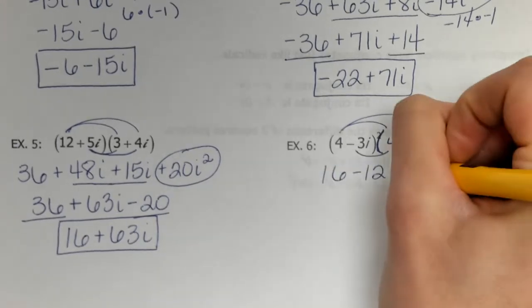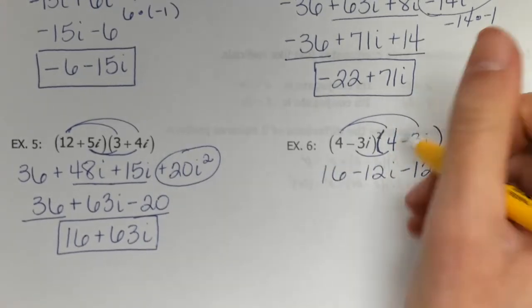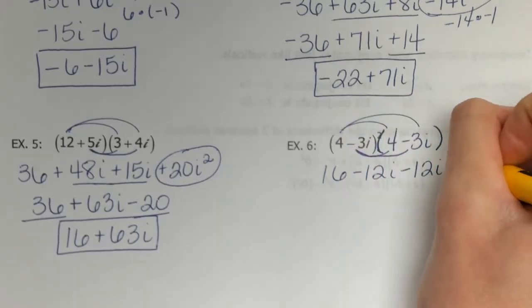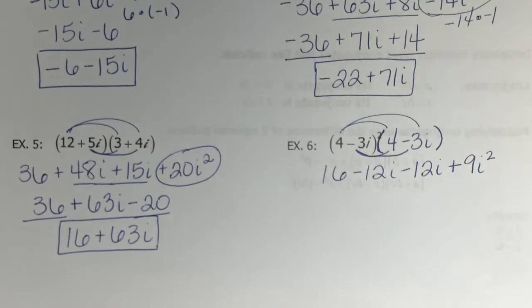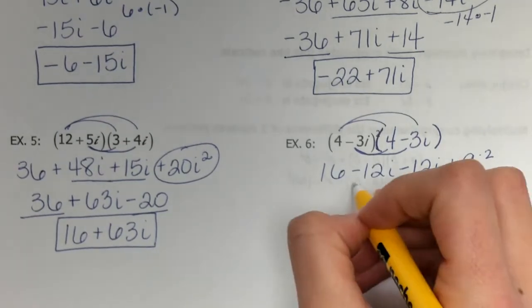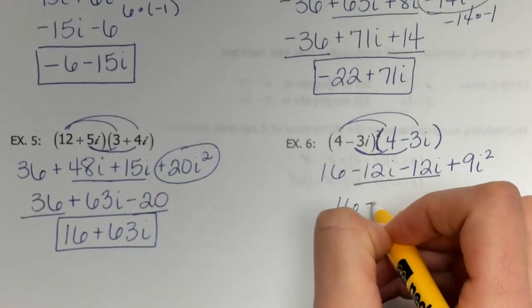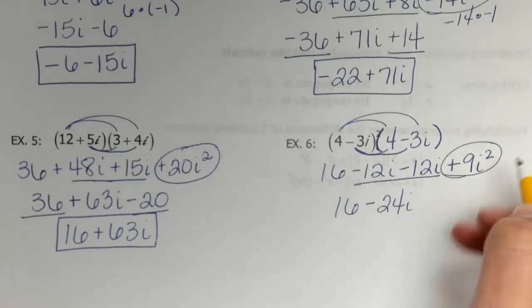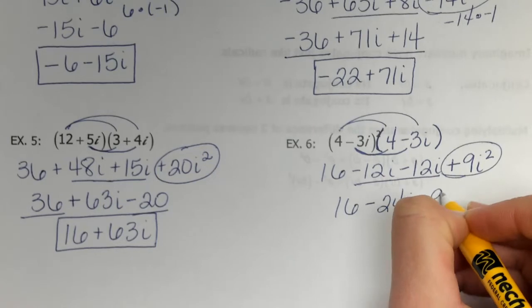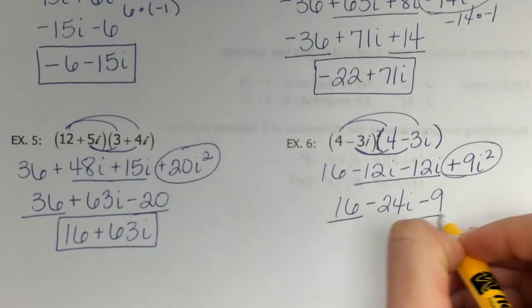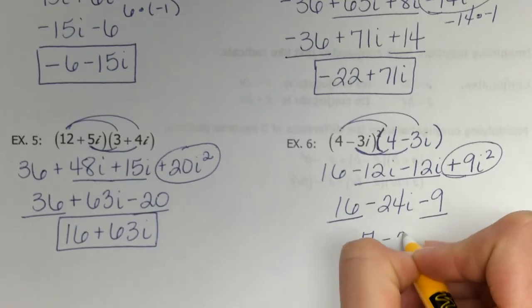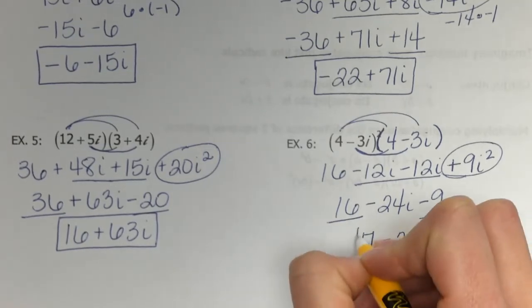Negative 3i times 4 is another negative 12i. And then negative 3i times negative 3i is a positive 9i squared. Combine like terms. I've got 16 minus 24i, and then that 9i squared turns into negative 9. 16 minus 9, that'd be 7. 7 minus 24i is my final answer.